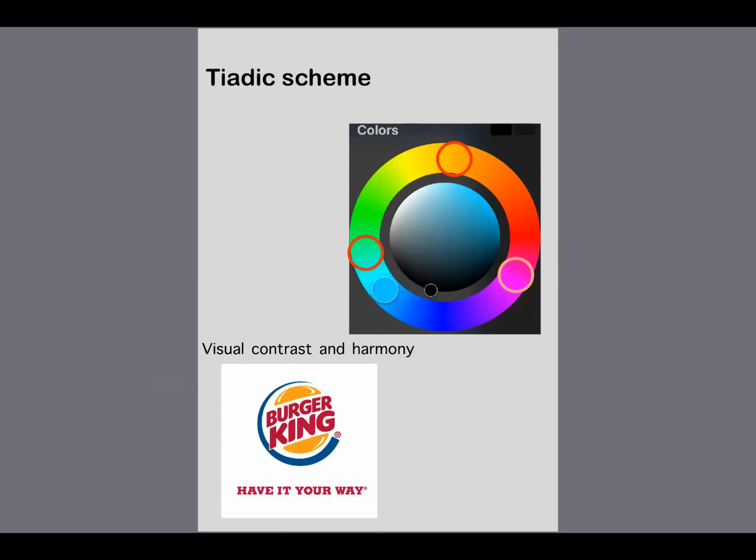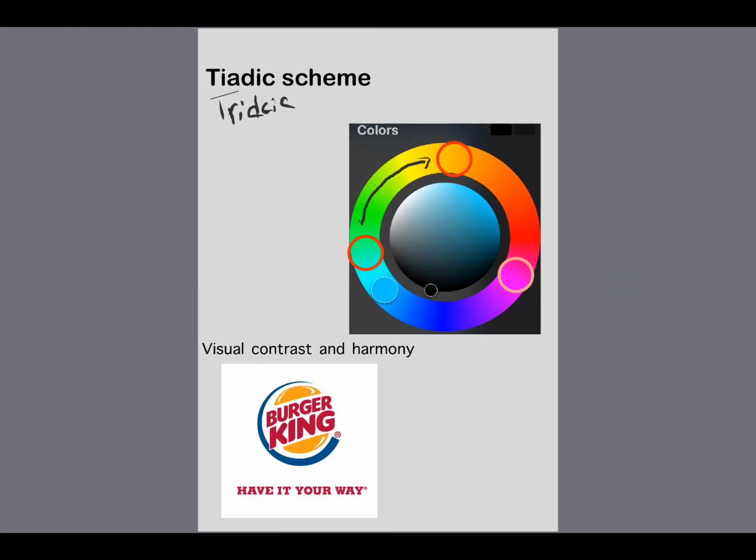This scheme is called the triadic scheme. Like this. In this scheme, you can actually choose three primary hues, but they are evenly balanced.